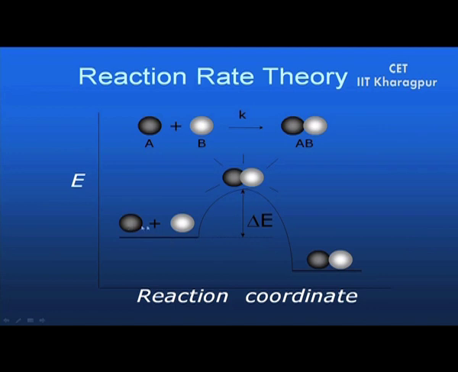You see these two colliding as per collision theory, but here it is a different situation: these two will first form an activated complex of this sort, having energy higher than the reactants, and then this will move on to this side, or it may come back to the left hand side. So, it has equal probability of passing to the right hand side or coming back to the left.